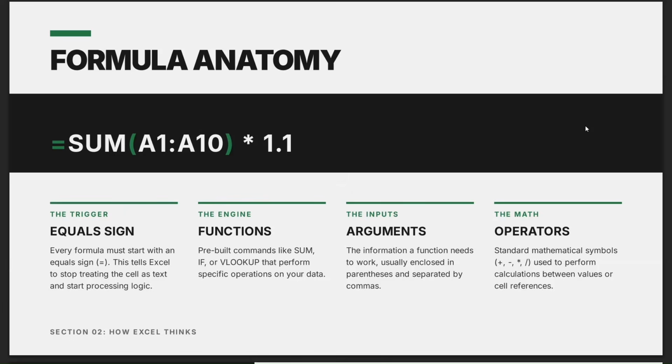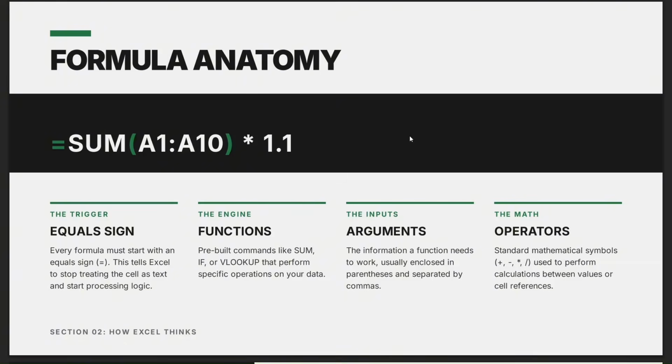Arguments are essentially the logic that we want the formula to hold, the information a function needs to work, and usually they're enclosed by parentheses. In this case, you can see we've opened a parenthesis and we always want to close our parentheses, and arguments are separated by commas. So if I wanted to carry on and create a longer formula or a different logic, I'd use a comma to keep going.